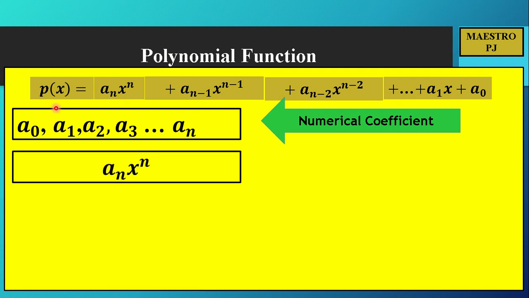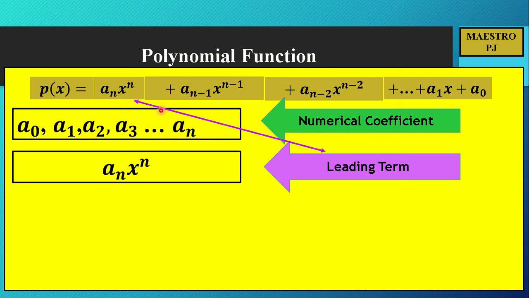Next, this a sub n x raised to n, the one here at the start, that is what we call the leading term. That means it is the first term in your polynomial function. So a sub n x raised to n is your leading term.